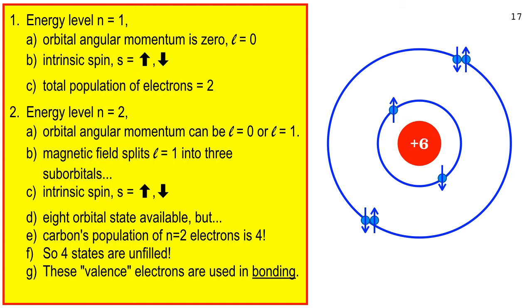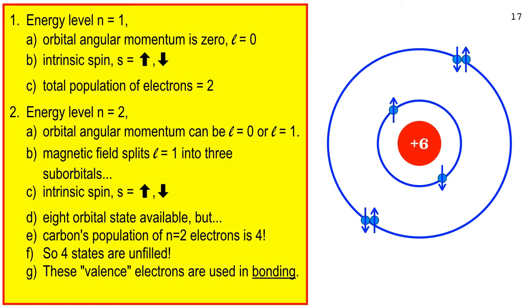Now we're going to talk about bonding and how electrons achieve bonding. And it's not just carbon, it's oxygen, it's other elements in the periodic table, except for the very far right, the last stack in the periodic table, which are the noble gases.